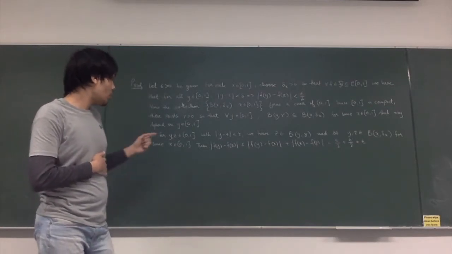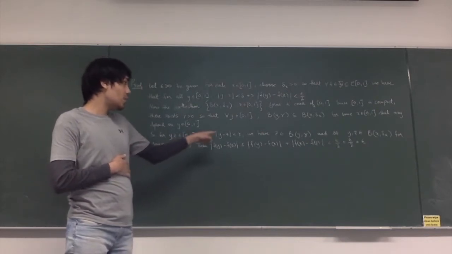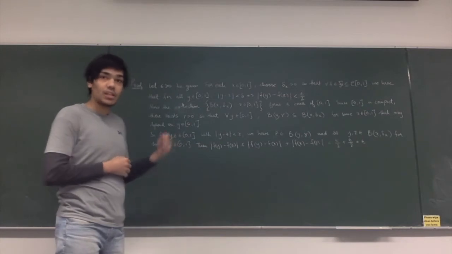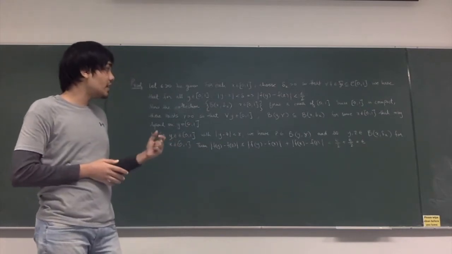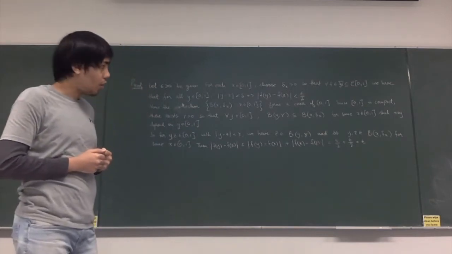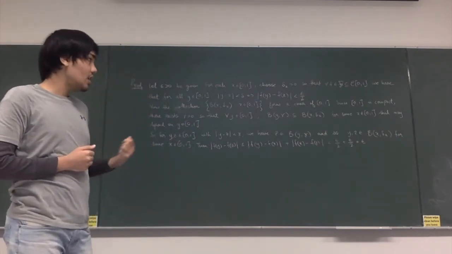So now, for y and z in our interval [0, 1], with |y - z| less than r, which is this exceptional Lebesgue number, we have that z certainly lies in the open ball of radius r centered around y. That's easy to check.